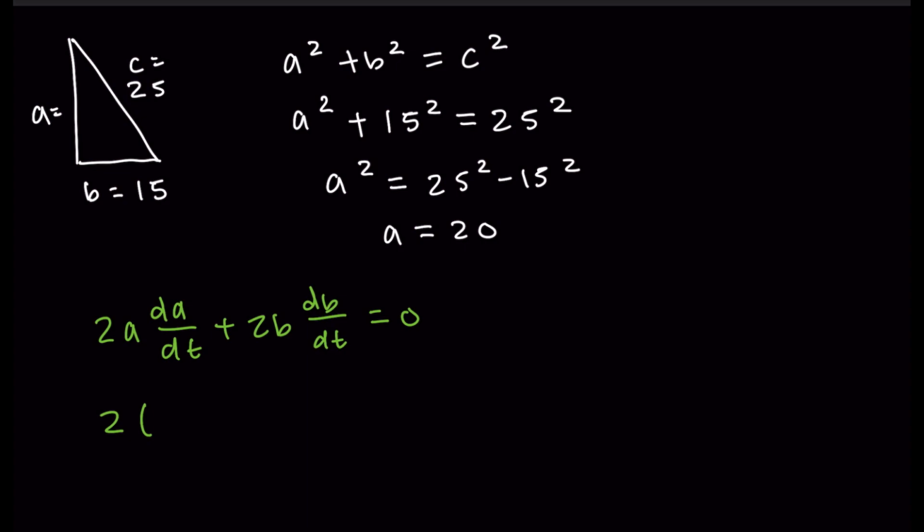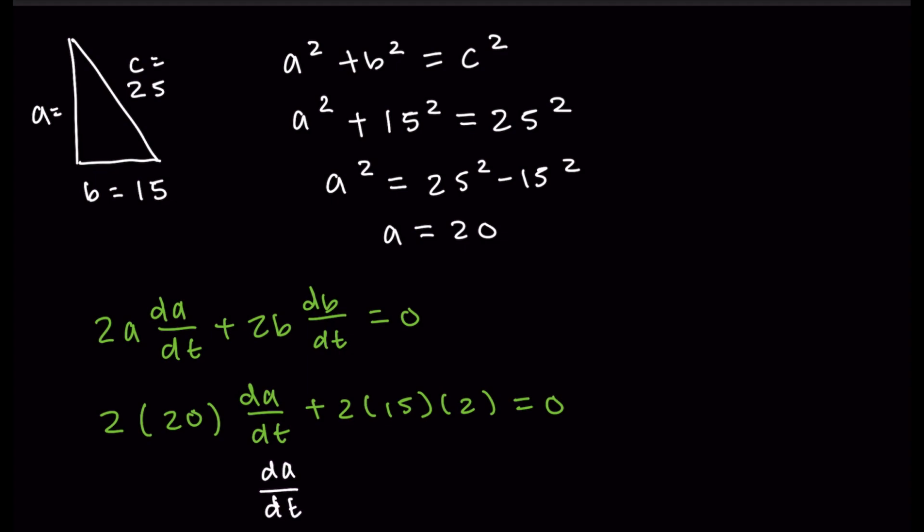We know a is equal to 20, b is equal to 15, and dB/dt is equal to 2. So now we just have to isolate for dA/dt. Doing the algebra, we get that dA/dt is equal to negative 60 over 40, which we can rewrite as negative 3 over 2, and remember units, feet per second.